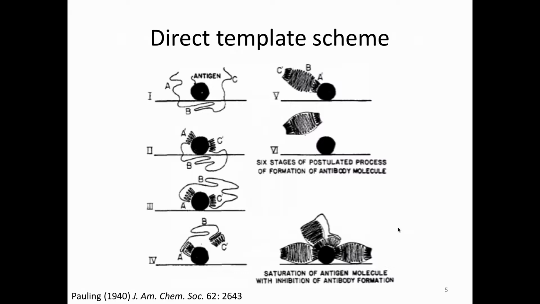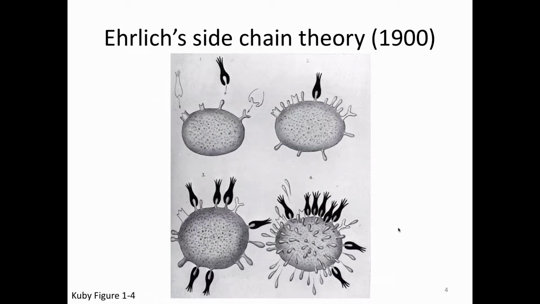And so we know that now, but in 1940, Pauling didn't have that figured out. So we can't actually have our protein folding around this. We, in fact, have to have a protein in advance that already is able to bind to our antigen of interest.